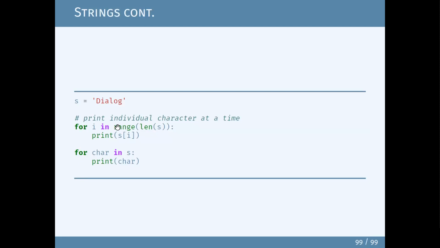You have i in range 6. Yes, 0 to 5. So you can print that. The second one is the same thing, but instead of that, we can go character by character. The shortest form of this is you specify for, and then we have character in S, and then you print the character.